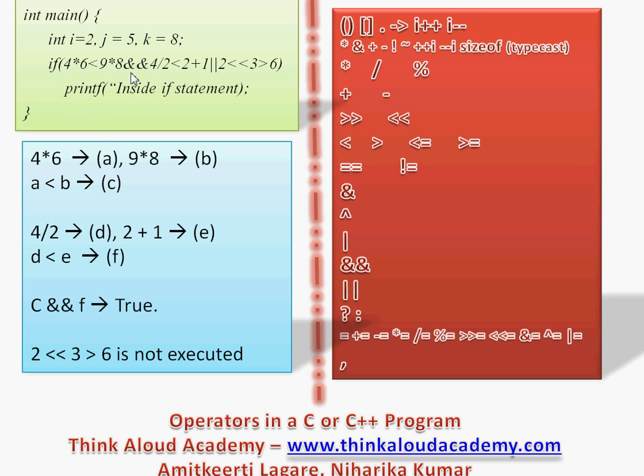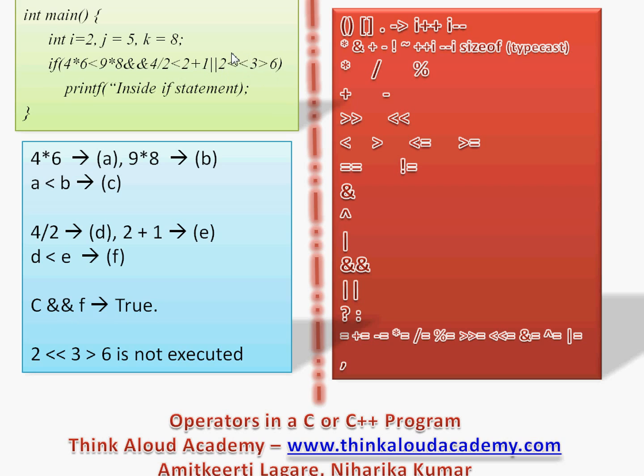Now I do an AND of these two, that is C and F. In this case, 6 into 4, 24, is less than 9 into 8, 72. So this is true. 4 by 2, which is 2, is less than 2 plus 1, 3. So this is also true. So when I do an AND of true and true, I get true. So this whole expression would get evaluated as true.